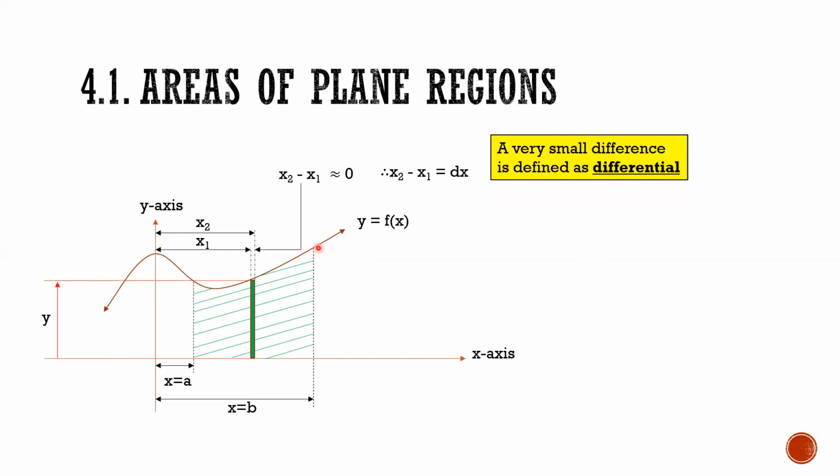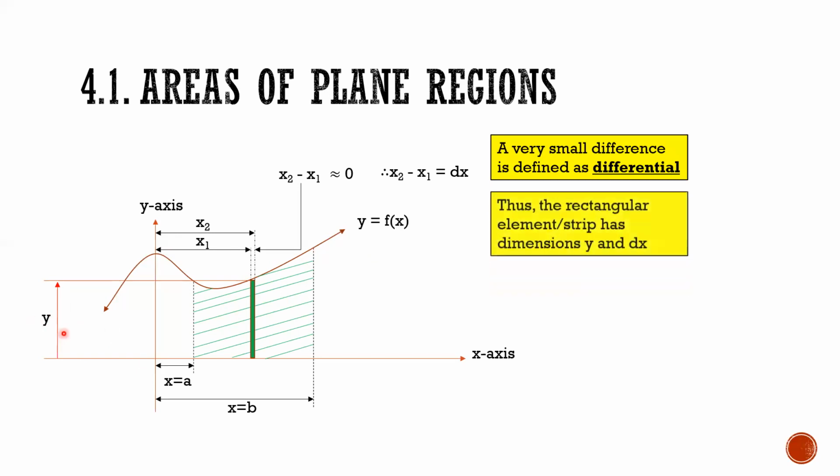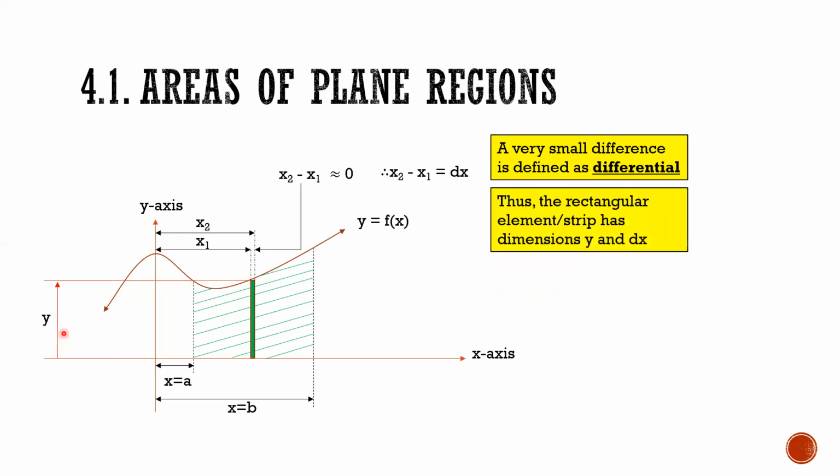Now, for the height, as we can see, the height is measured from this particular point, which is the origin, up to the farthest point on the element. So that will be considered as y. So the rectangular element or strip has dimensions y dx. Dx representing the width and y representing the height.